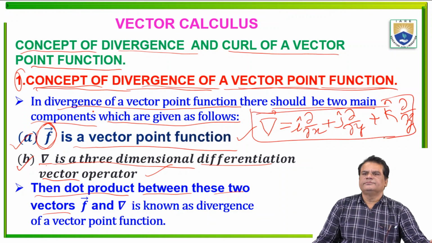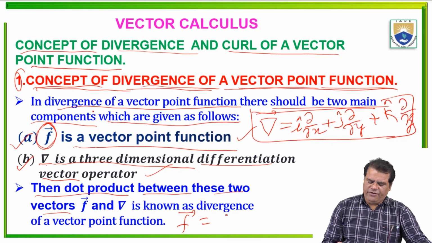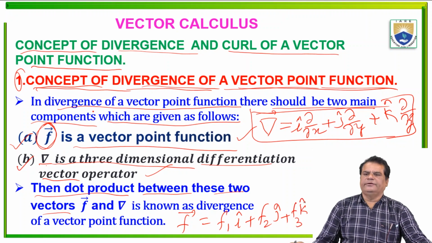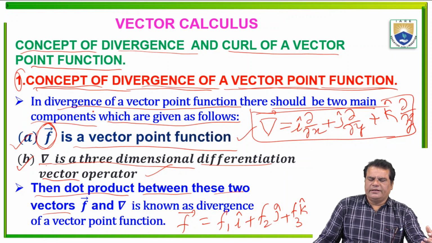And F is a vector: F is f1 i plus f2 j plus f3 k. This is the F vector, a three-dimensional vector which represents the position of a point in three-dimensional geometry in the form of a vector.